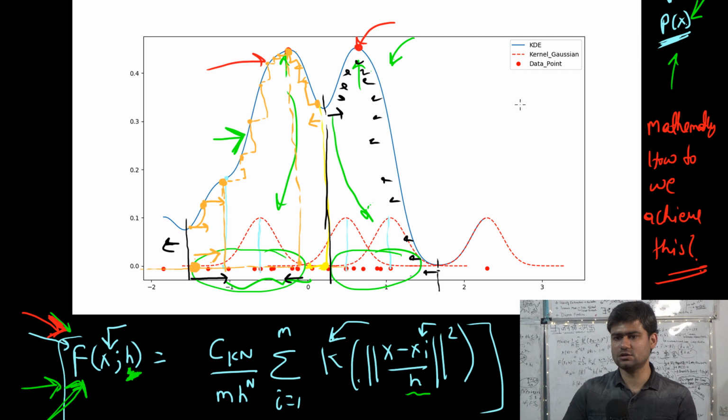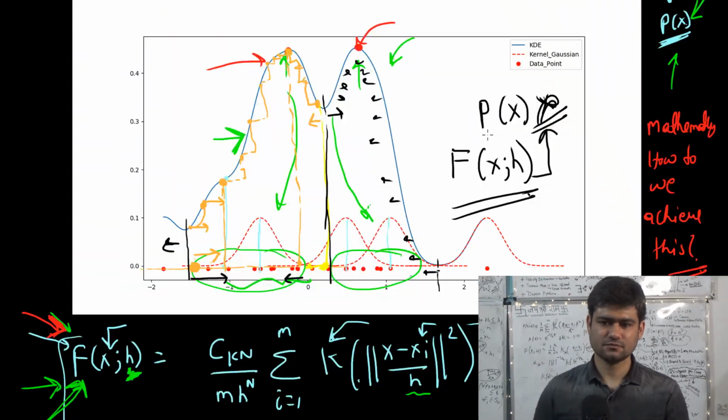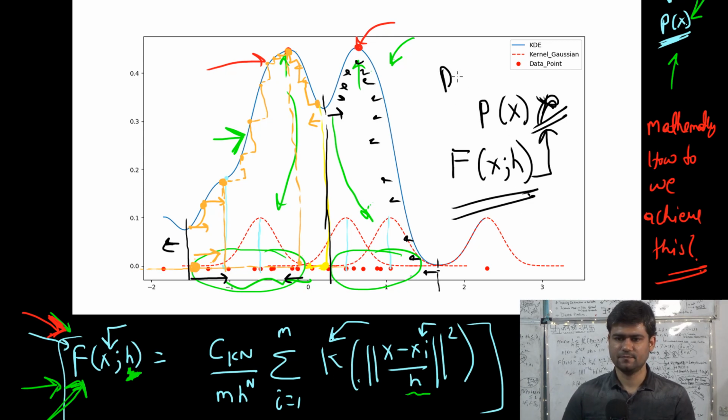Now we do not know the underlying probability density function p of x. But we know an analytic function f of x, which approximates this underlying probability density function over the dataset D. So we can use this function as a proxy for the underlying density function, and by computing the modes of this density function, we essentially compute the modes of the underlying probability density function that generated the dataset.